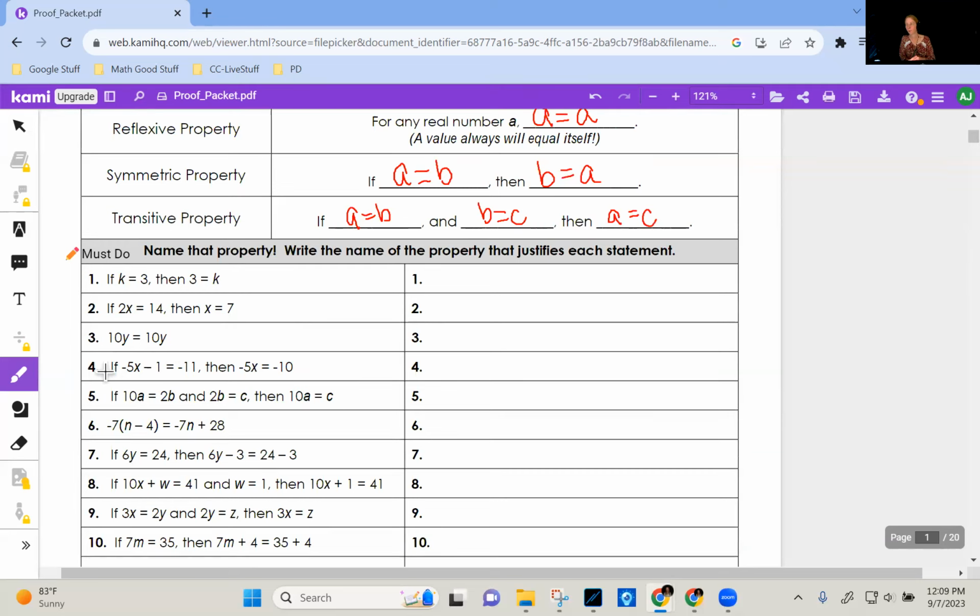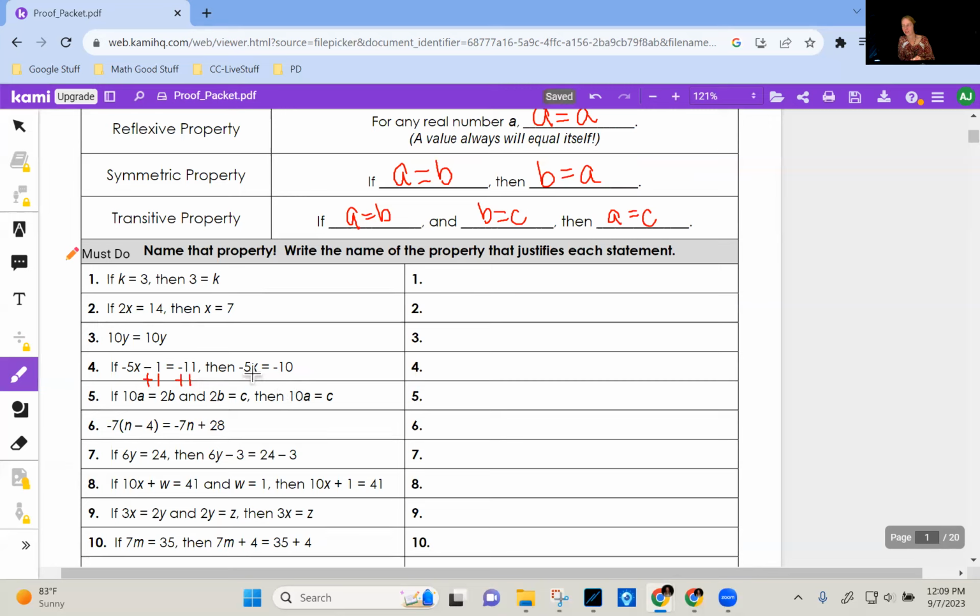So I think I want to do this one. Number 4 says if negative 5x minus 1 equals negative 11, then negative 5x equals negative 10. Think about, if I was doing this as a math problem, what exactly did I do to get from this first step to the second step? It looks like I've added 1 to this side of the equation, and I've added 1 to this side.